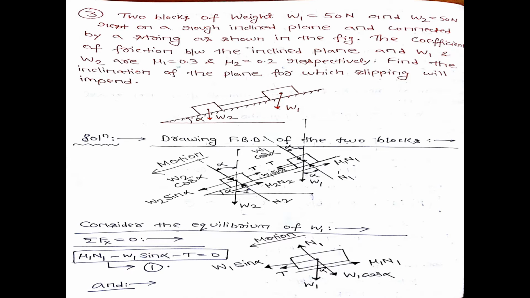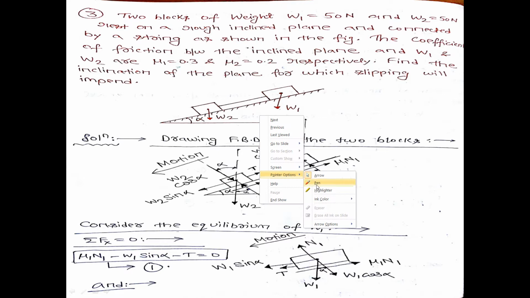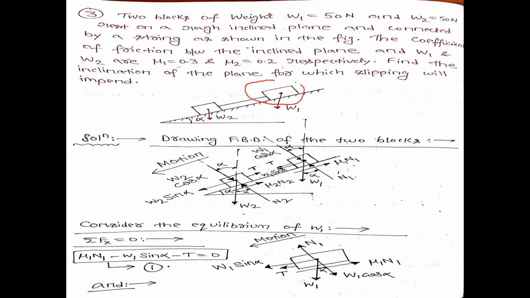The coefficient of friction between the inclined plane and W1. That means this is your inclined plane and this is the block W1. It is nothing but mu1 equal to 0.3.